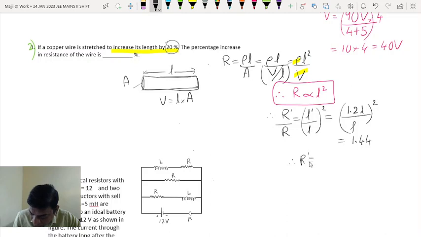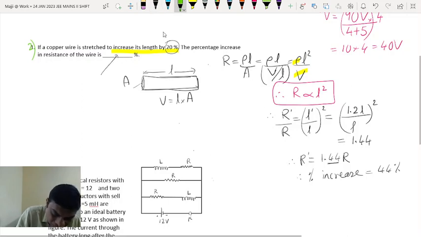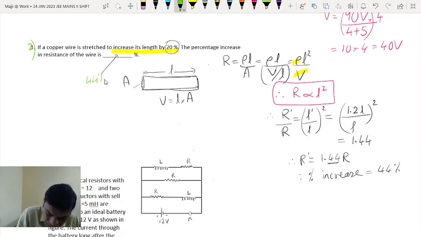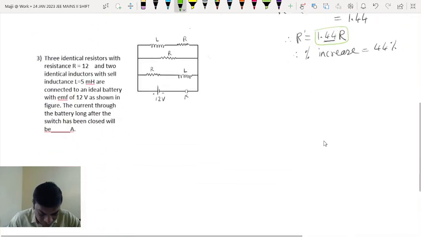Since the new resistance is 1.44 times the original resistance, the percentage increase is 44%. So the correct answer is 44%. 1.44 times means what? 1 means the initial value is already 1 time, and another 0.44 times means 44% is the increase. Then let us move to the third question.